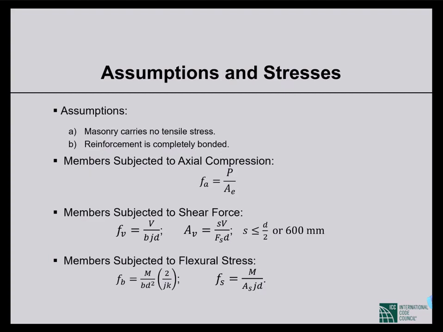Here, the maximum spacing requirement for shear reinforcement is d over 2, effective depth divided by 2, or 600 millimeters. For members subject to flexure, again the same formula: for masonry, moment is equal to half Fc k j b d square, and for steel, it is M divided by Fs jd. So same as the working stress design formulas of reinforced concrete.